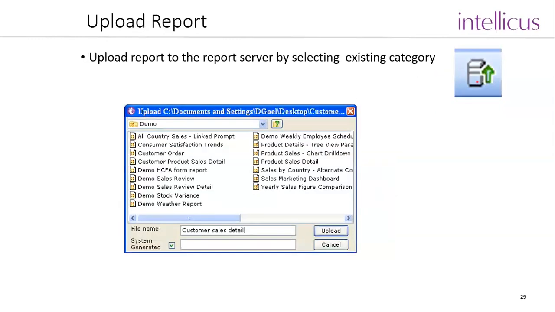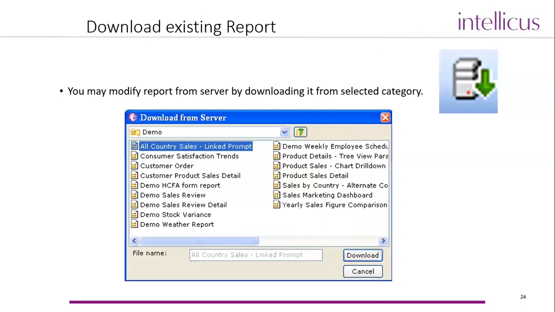Upload will upload the report to the report server by selecting any existing category. On the contrary, when we download the report, it will be downloaded from the category of the server to local storage. This is how it differs.